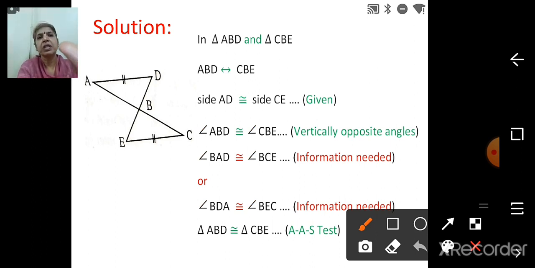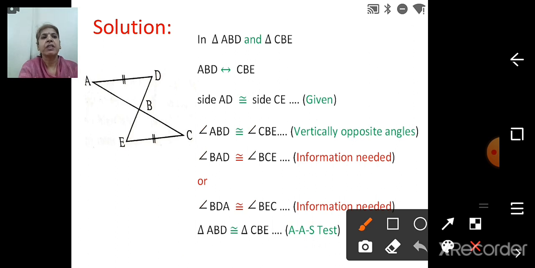Or we can also say BDA, this angle. If we say BDA angle, then it will be BEC angle. So angle BDA congruent to BEC, information needed. Then only we will get test AAS, triangle ABD congruent to triangle CBE.